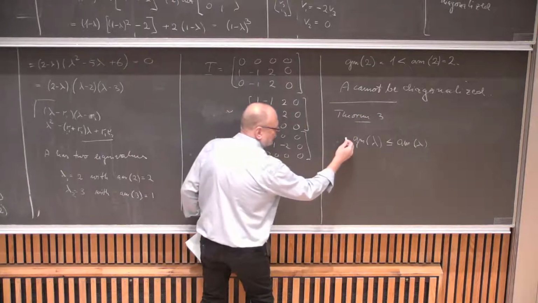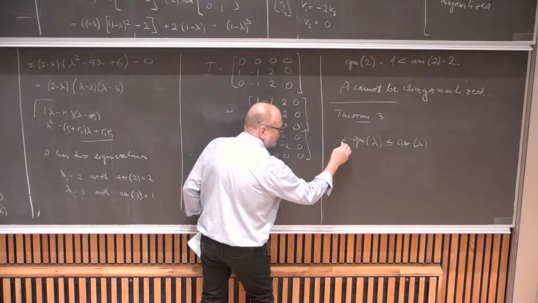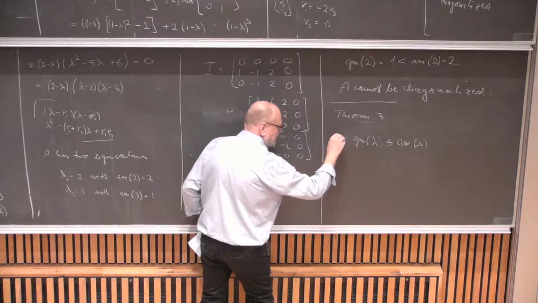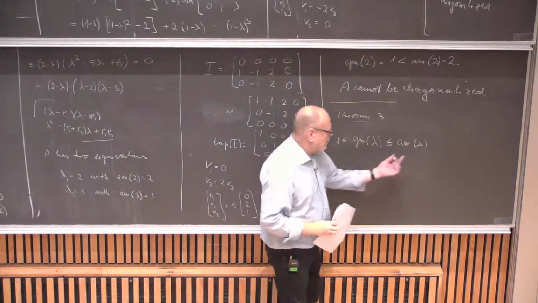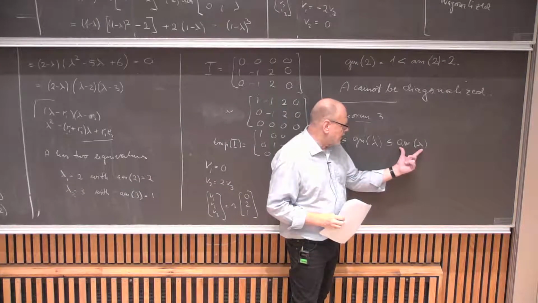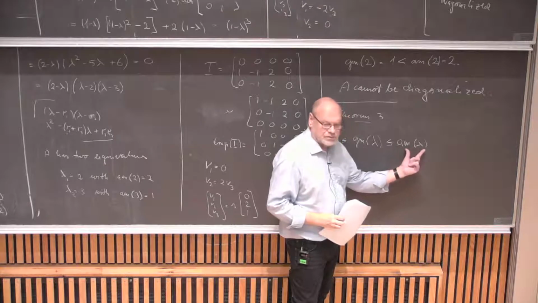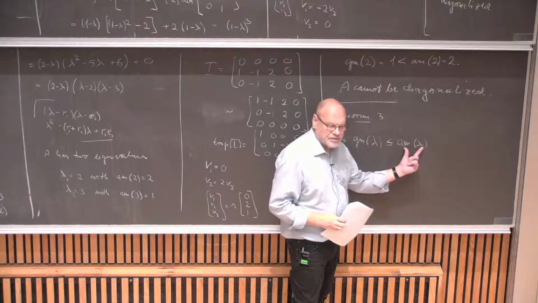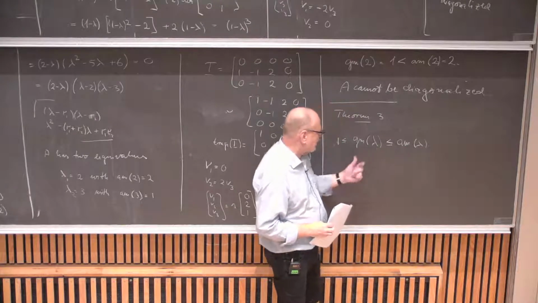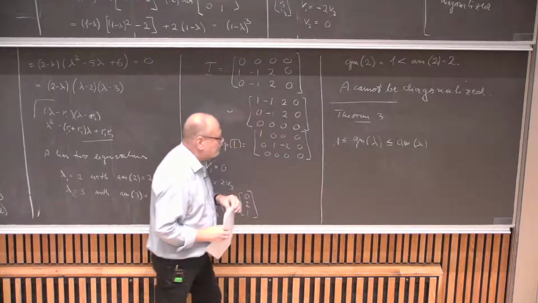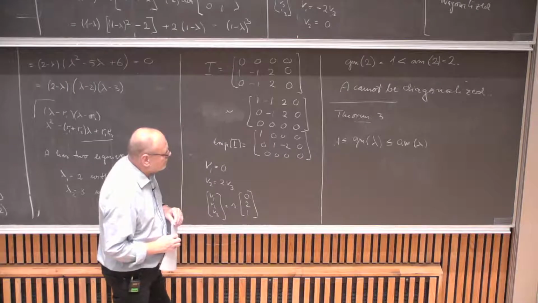Also, you have that this is always greater than or equal to 1. So if you have the algebraic multiplicity equal to 1 for a specific eigenvalue, then you know you have the same geometric multiplicity equal to 1.